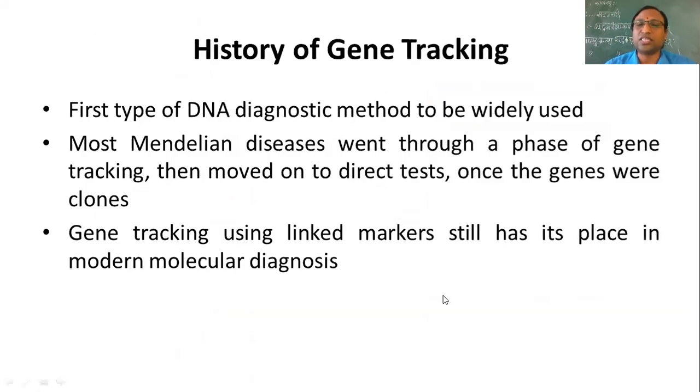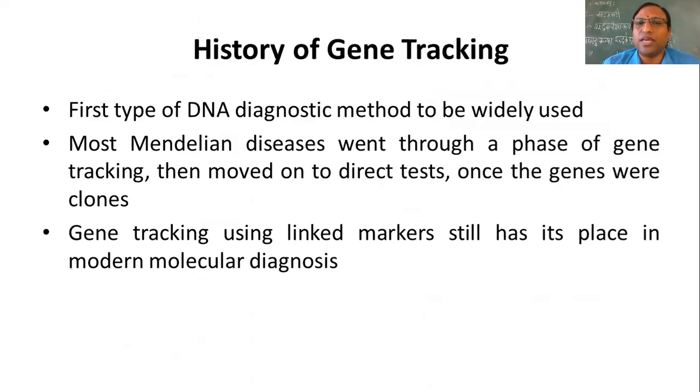If you see the history of gene tracking, it goes back to Mendel, because Mendel was the person who actually did the gene tracking in Pisum sativum in detail. He worked a lot and made certain rules and regulations which still hold, and are being implemented for human studies also.